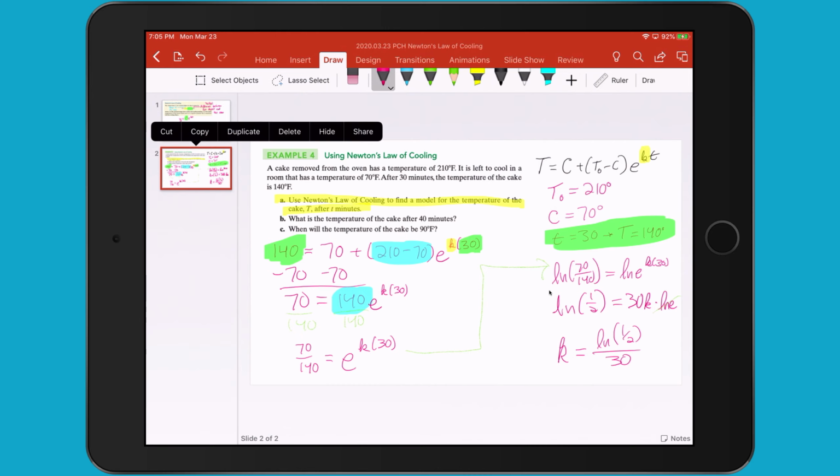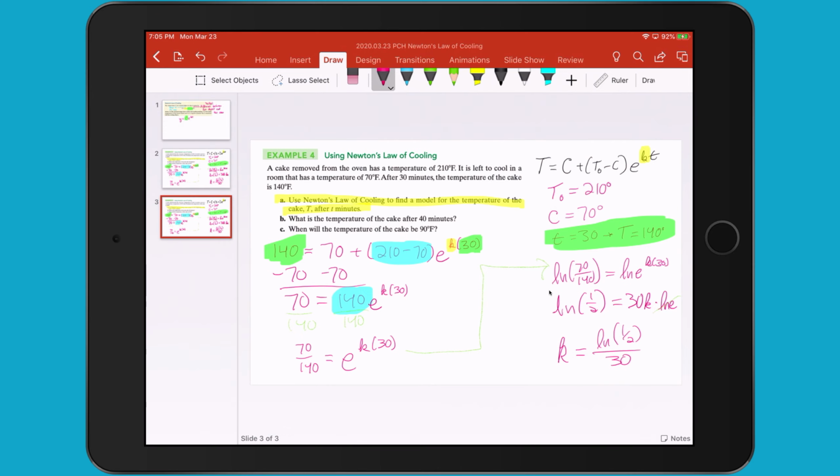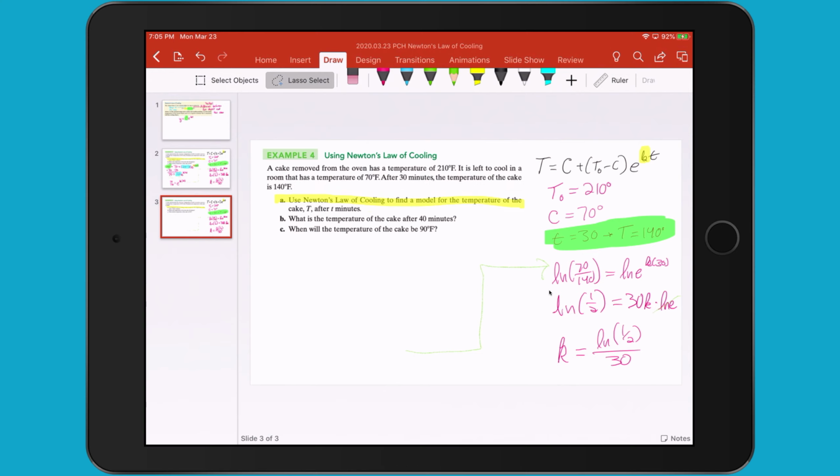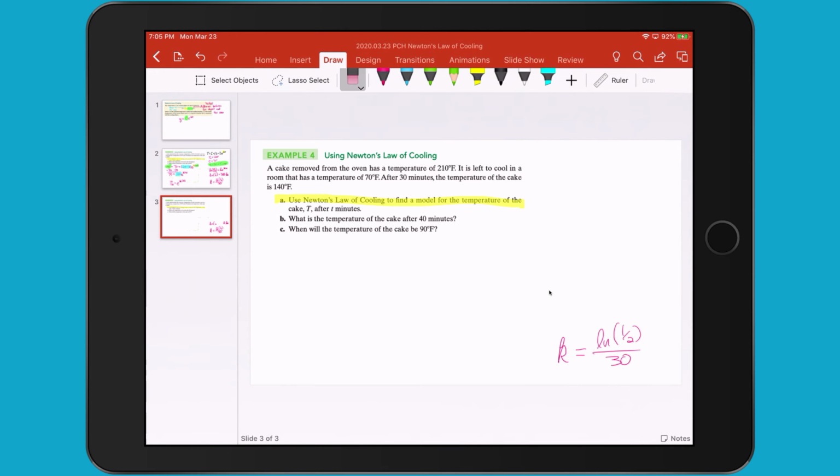So solving k is important, but that's not what the problem said. The problem said to just find a model, which we're going to do in a sec here. Going to erase the rest. I'm going to leave that k there to make sure I don't forget it.